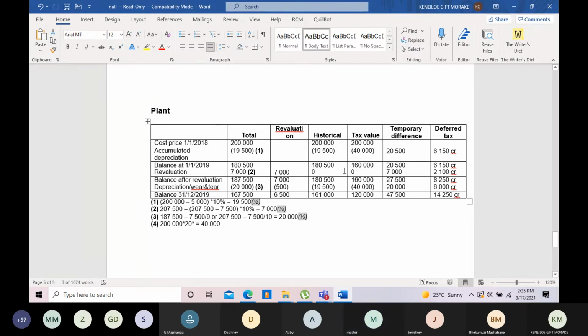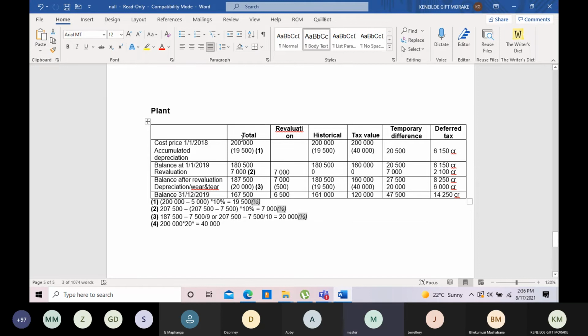So you take this amount here, not this one. In this case, 7,000 minus 0 under tax value, you get 7,000. Look here, guys. There's no problem whether you take the totals and tax value or the historical and tax value.